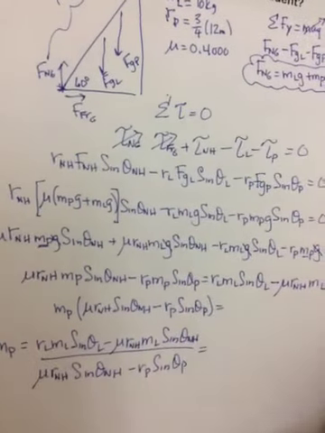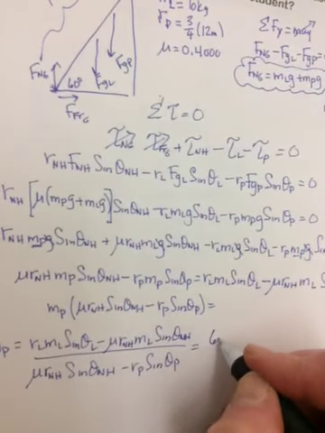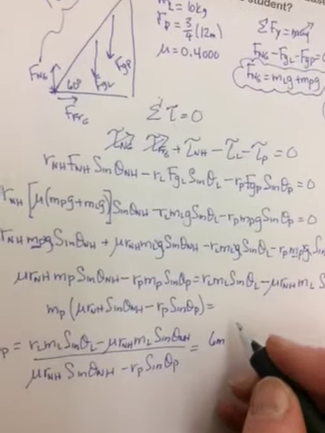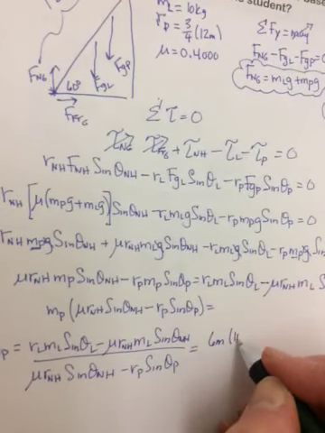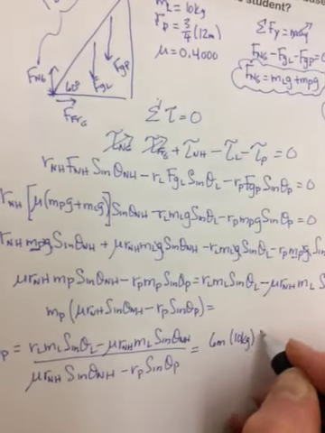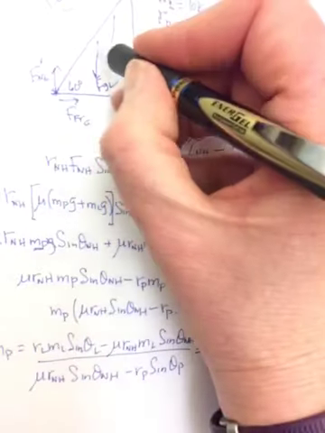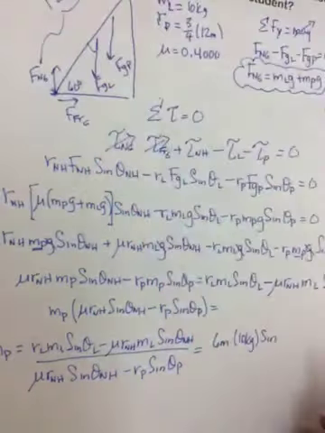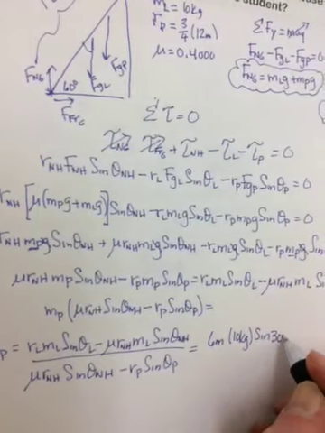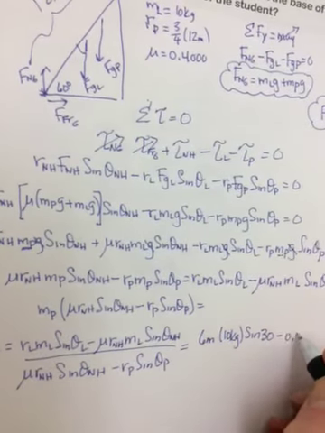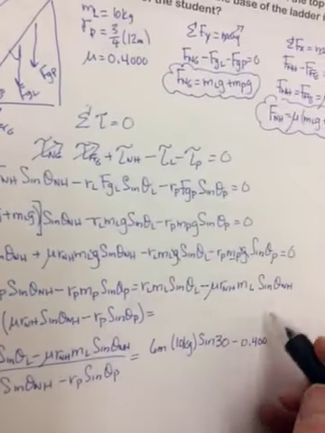So R of the ladder, it was a 12-meter long uniform ladder, so this is going to be 6. M of the ladder was 10 kilograms. And angle for the ladder will be this one here, so it'll be 30. Minus mu was 0.4. R normal of the house is the full length, which was 12 meters.